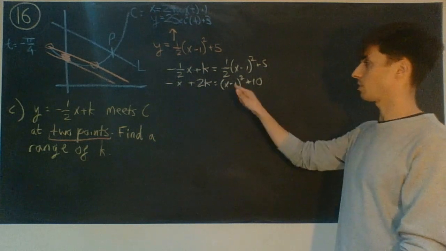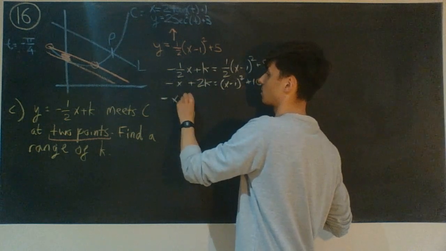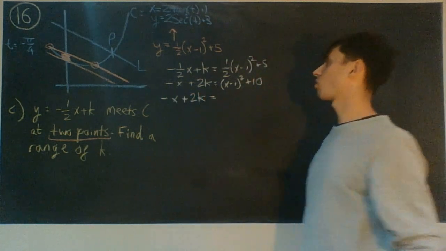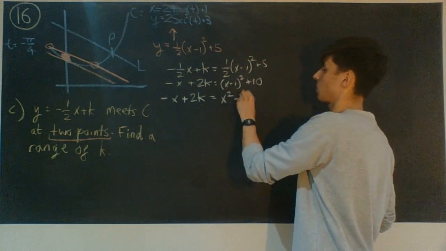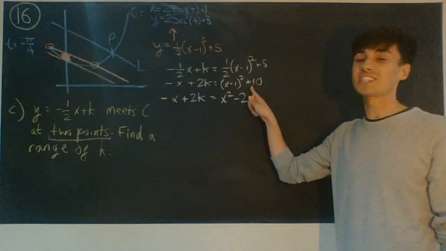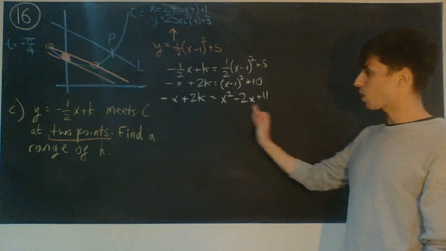Step 2 then should be expanding this thing out. So we've still got on the left hand side minus x plus 2k, and on the right hand side x minus 1 squared is going to give us x squared minus 2x plus 1, plus another 10 will give us plus 11.